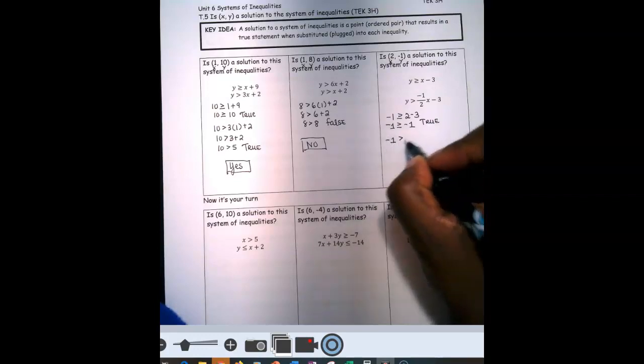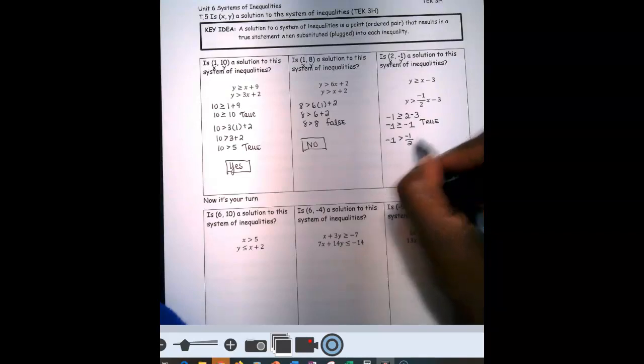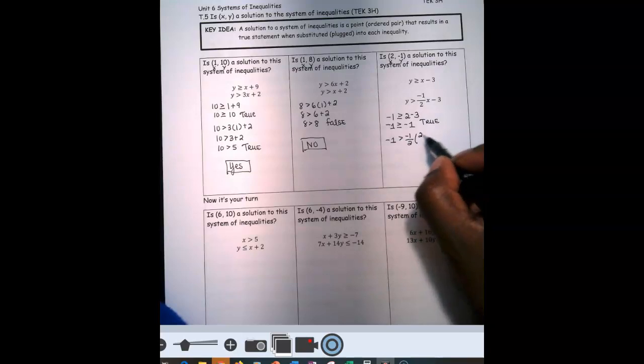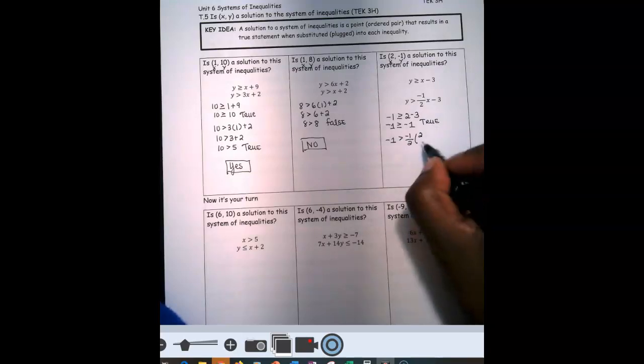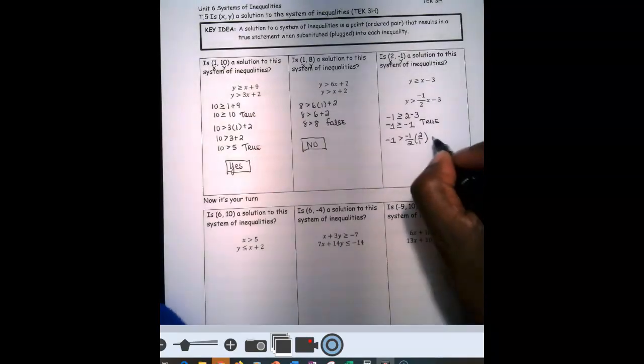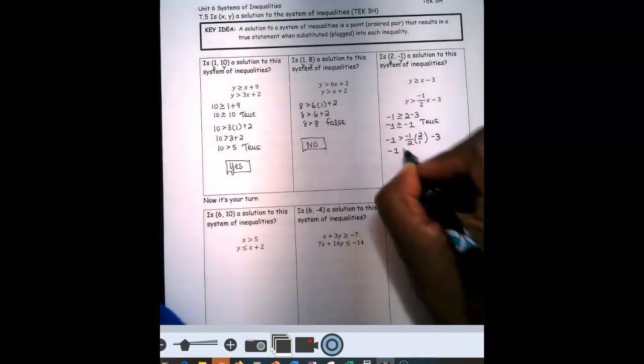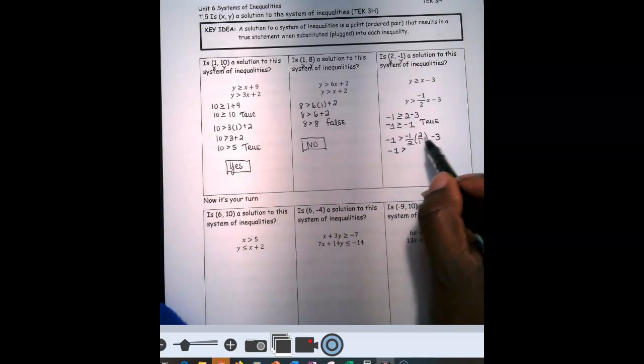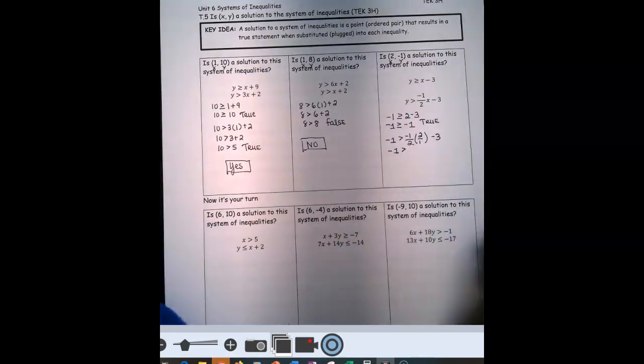-1 is greater than -1 over 2 multiplied by 2. And I'm going to go ahead and make this integer into a fraction by placing it over 1, since I'm multiplying by a fraction, minus 3. So -1 is that greater than, well, a negative times a positive is a negative.